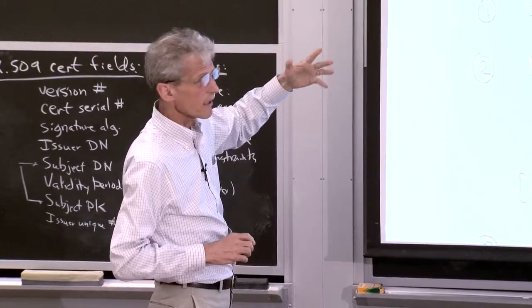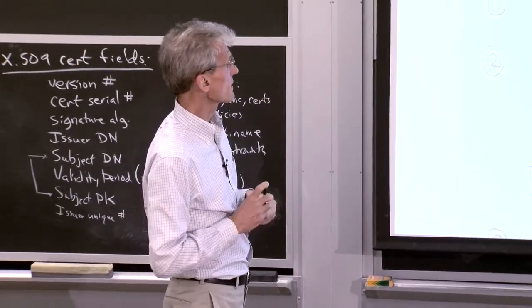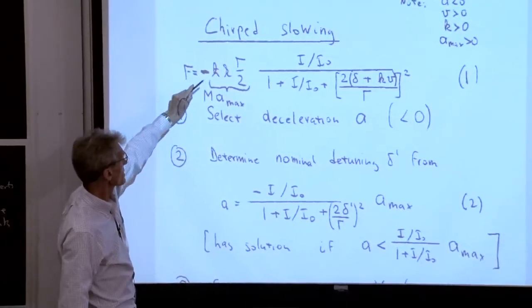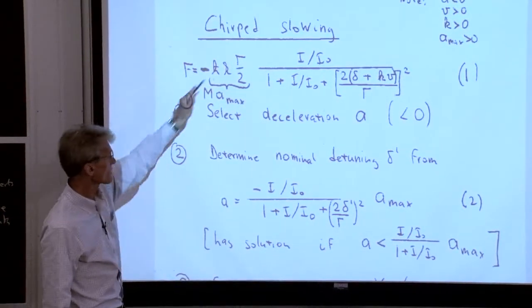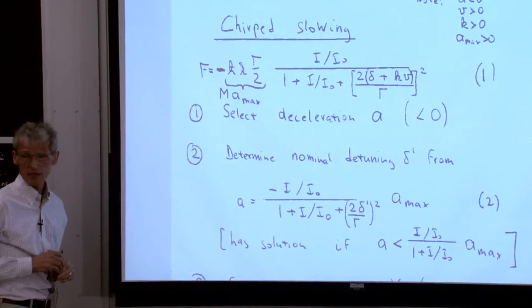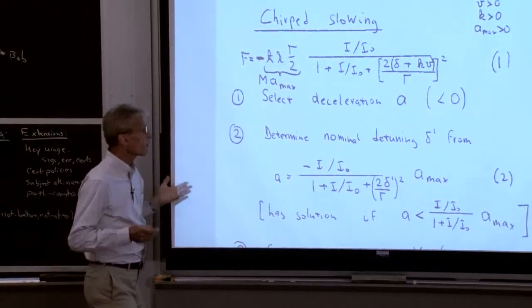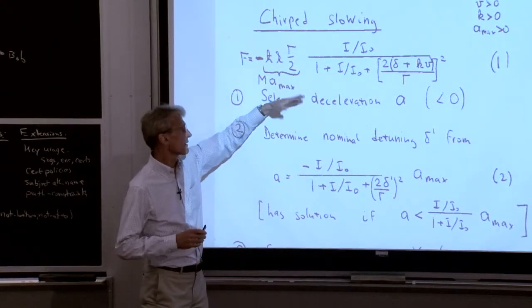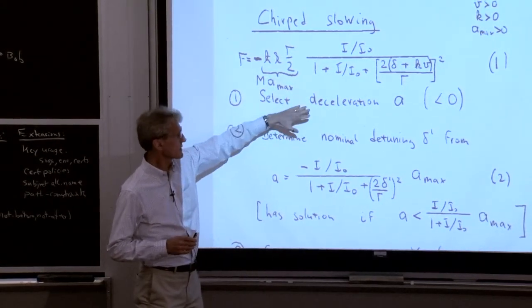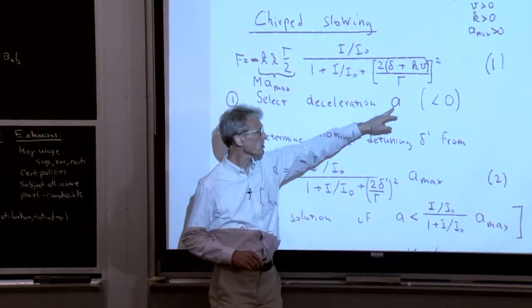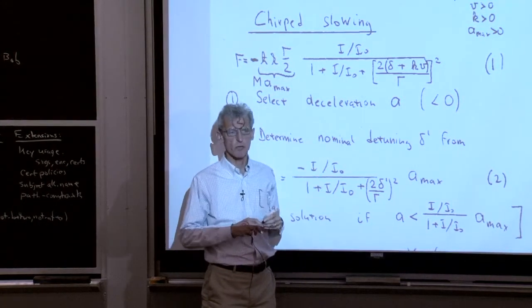So the way I can introduce it is the following. I take the spontaneous light force. This is exactly the expression we have discussed several times. And now I'm saying we decide that we want to decelerate atoms with a deceleration A, which is negative because we slow them down.